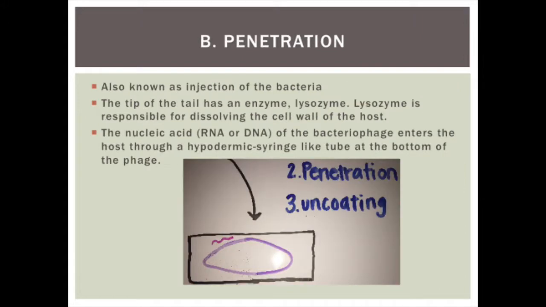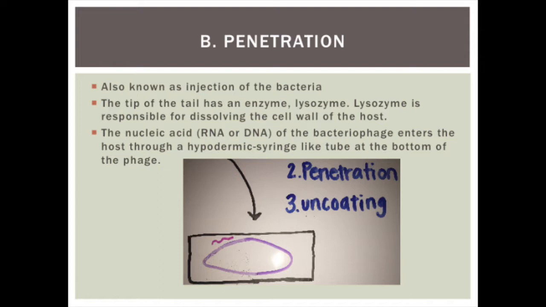Step number 2 is penetration. This is also known as the injection of the virus into the host cell. The tip of the bacteriophage, as on the previous slide, you saw the pink tails that come out at the end of it. The tails contain an enzyme known as lysozyme, and lysozyme is responsible for dissolving the cell wall of the host.